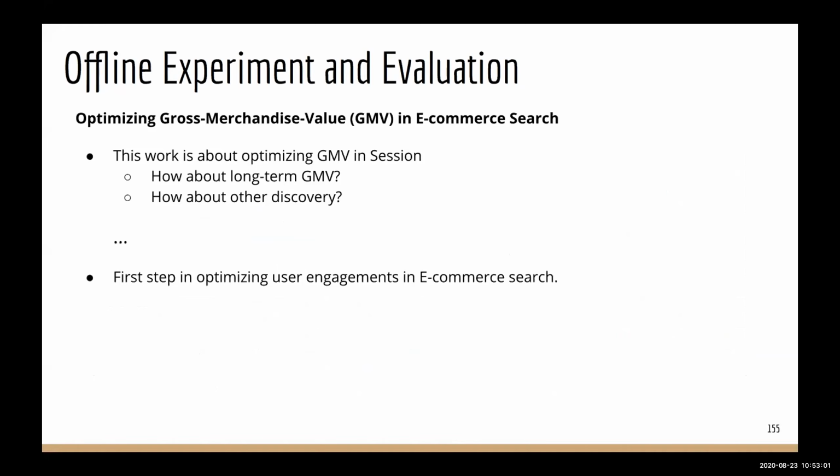If we want to optimize long-term GMV, how can we do it? How about the discovery, as I mentioned earlier? For e-commerce purchase, discovery and inspiring users are very important. How about those metrics? These are definitely good future work that folks could explore.